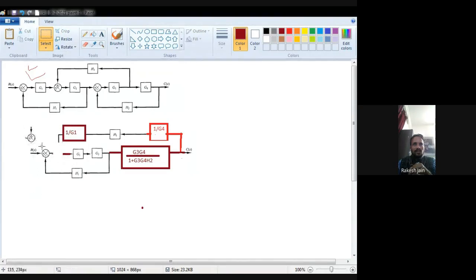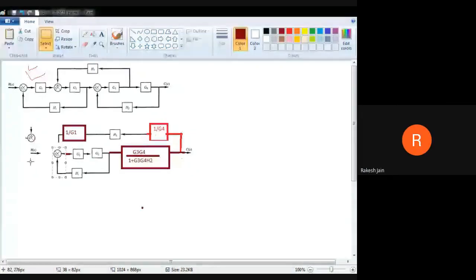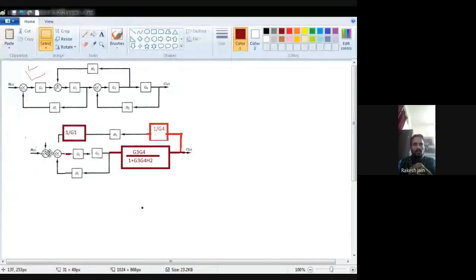So the gain of the block is G1, that's why it will come in reciprocal manner. So 1 by G1. We just move the summing junction before the block, that's why the block gain will come in reciprocal manner. So 1 by G1.